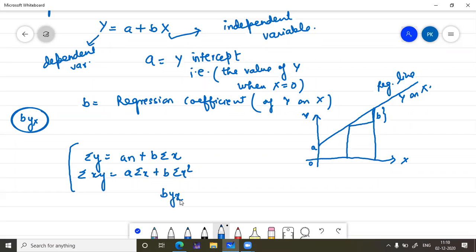Vyx is the regression coefficient y on x, and its value is equal to r sigma y by sigma x. Do remember this formula. This is the formula for evaluating the regression coefficient y on x.